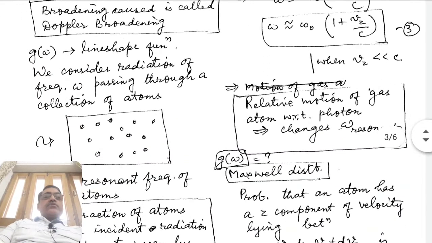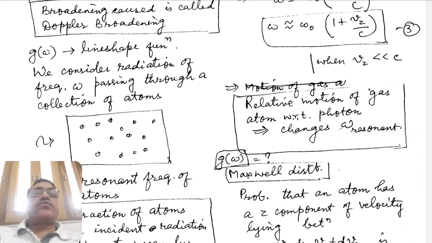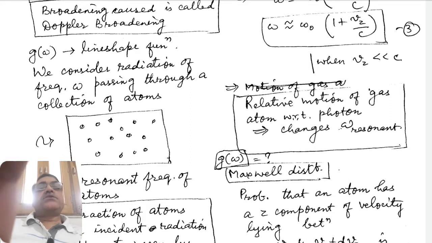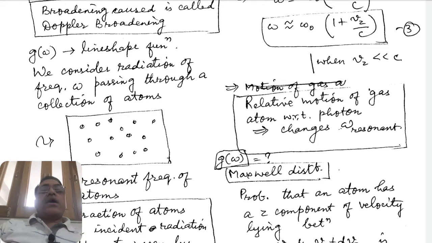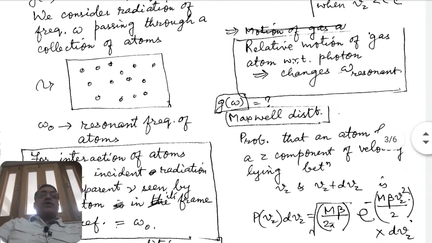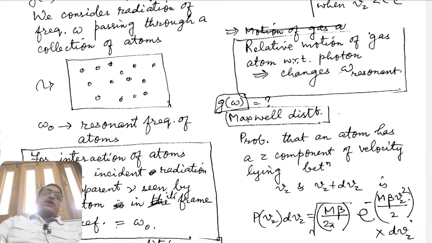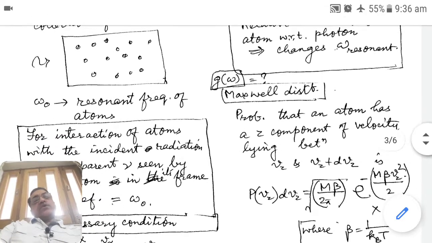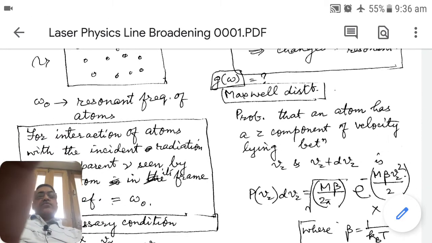Now, to derive this and to realize this, we consider that g(omega) is the line shape function, and we consider radiation of frequency omega equals 2 pi nu passing through a collection of atoms contained in some container, and we assume that omega naught is the resonant frequency of the atoms.